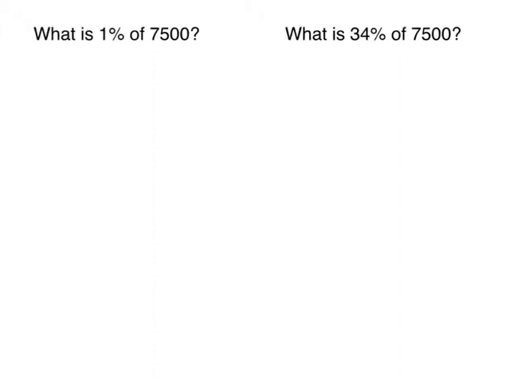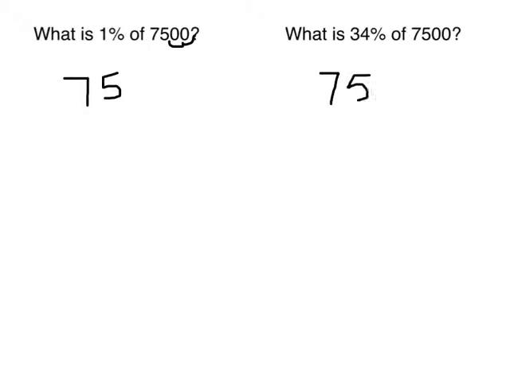If 1% is the same as 1/100th, what is 1/100th of 7,500? It would be 75. We just move that decimal 2 places. So if 1% is 75, then what is 34%?